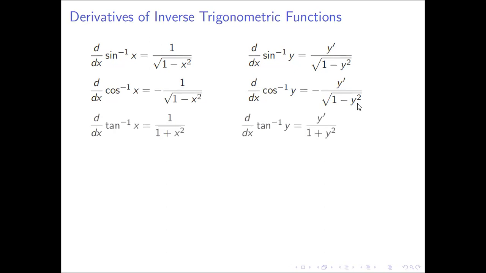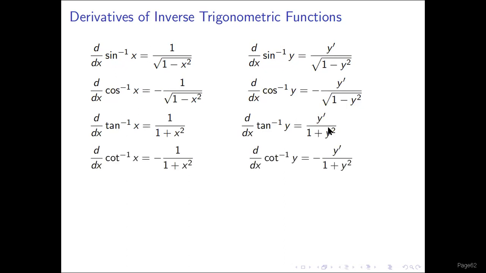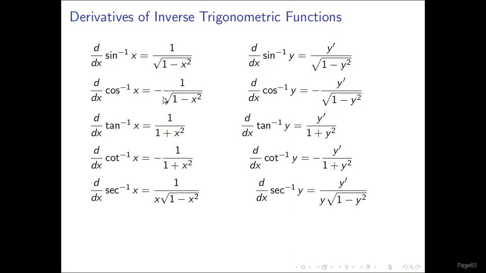And also the others. Tangent inverse x, what we derived: 1 over 1 plus x squared. This is the general formula, the chain rule. And the only difference with cotangent inverse x is the sign. So the last two, secant and cosecant, are almost like the sine inverse and cosine inverse functions with the addition of x as a factor in the denominator.